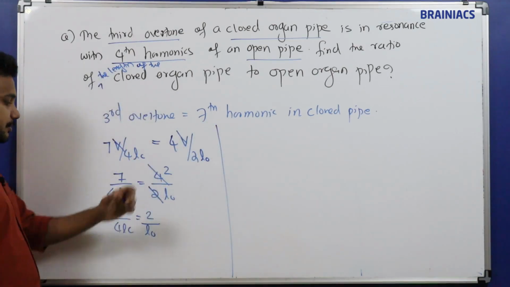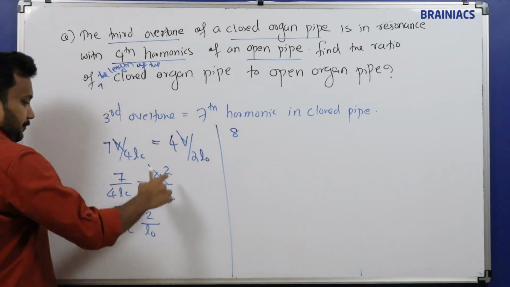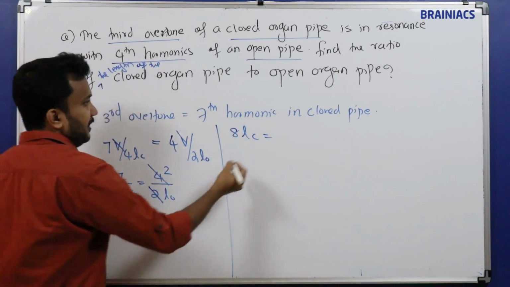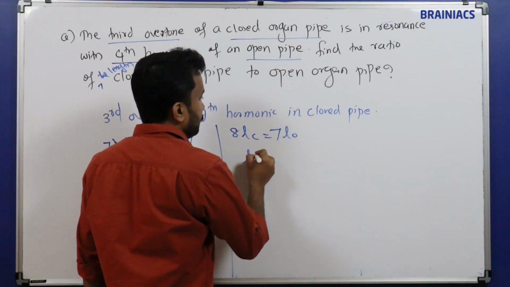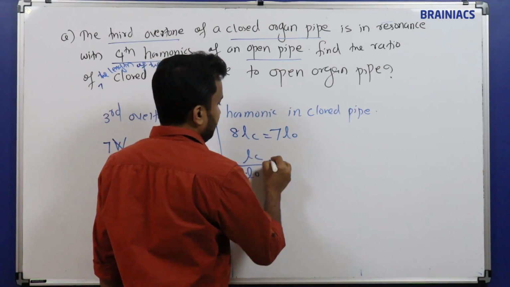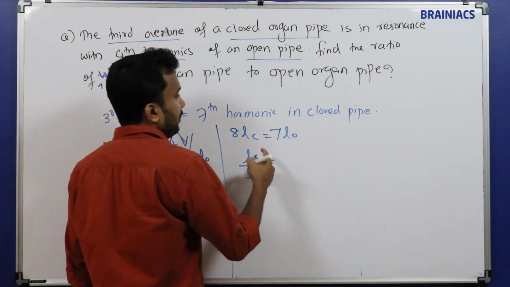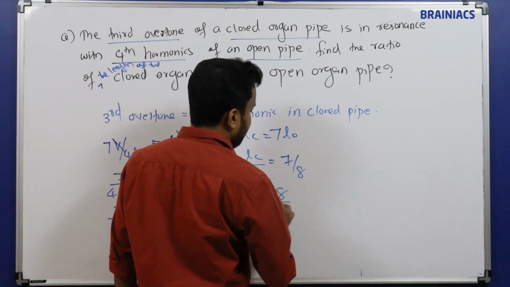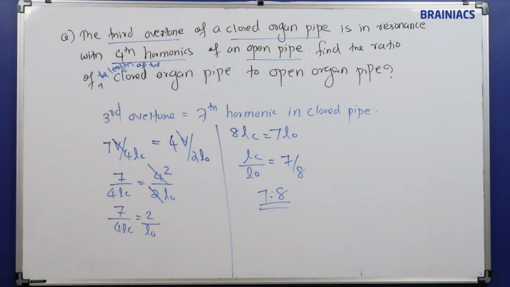Then cross multiply. So we get 8Lc is equal to 7Lo. So Lc by Lo, the length of the closed organ pipe to the length of the open organ pipe, is 7 by 8. The answer is 7:8. 7:8 is the correct answer for this one.